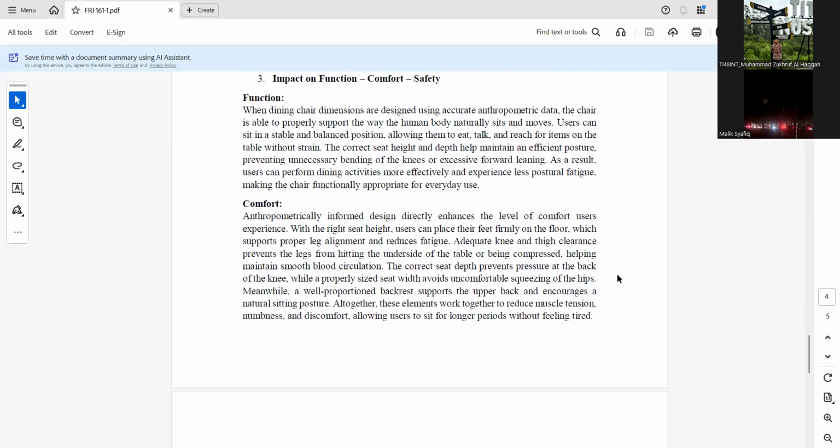So it will help us maintain smooth blood circulation and adequate knee and thigh clearance. Alongside other examples, this chair will significantly improve the comfort of the user, allowing the user to sit for a longer period without feeling tired or discomfort. Continue.